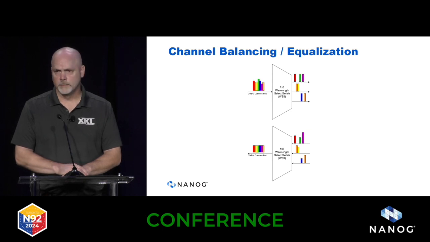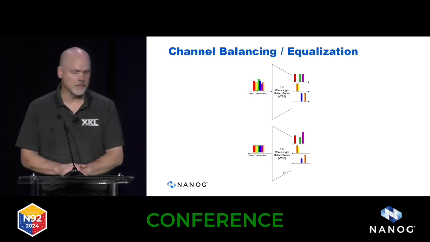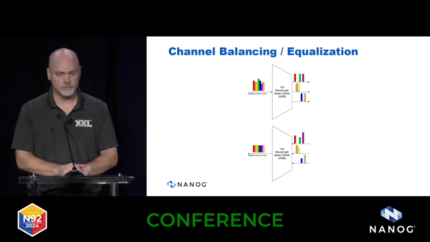Okay, let's talk a little bit in depth about some of these characteristics so that we can really assess what they mean in your network. For channel balancing and equalization, this is showing you a simple example of a WSS that's a 1x3 WSS, so it has one common port and 3 DMUX or MUX ports. It's bidirectional. And so the WSS has the ability, with the optical channel monitor, to identify the high power channels and attenuate them so that they match the lower power channels, so everything comes out at the same level.